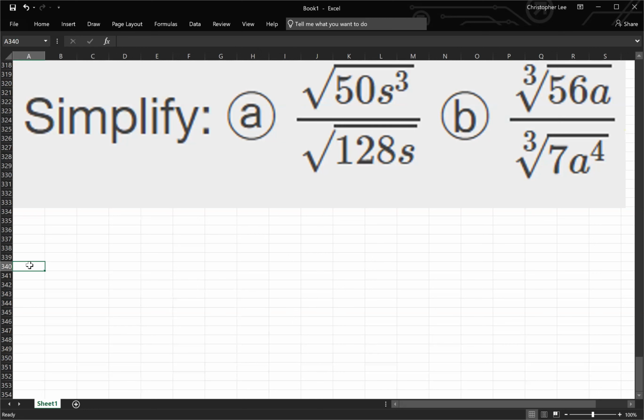So you guys try this with S's and A's. Half it, you see how it ended in 2?